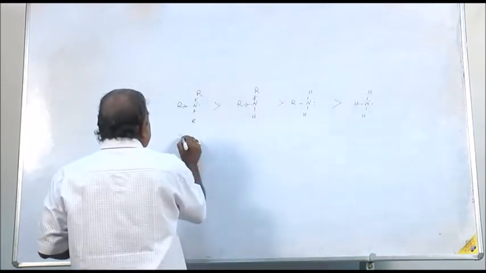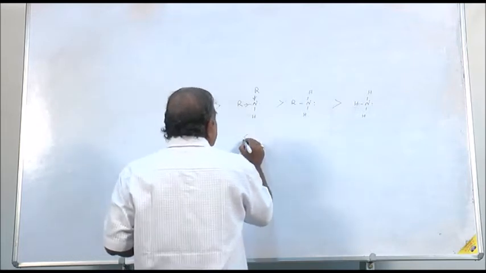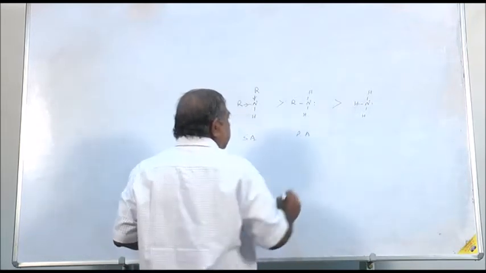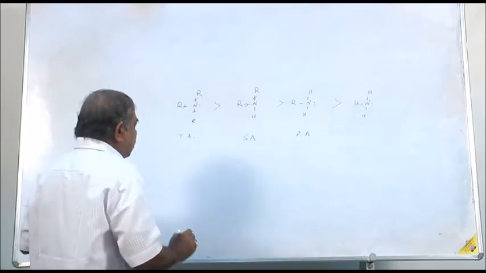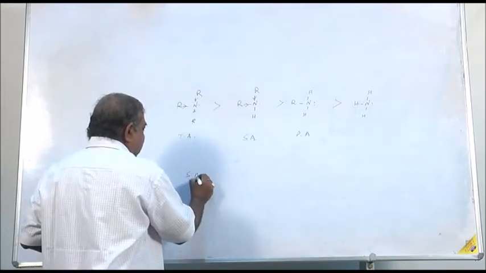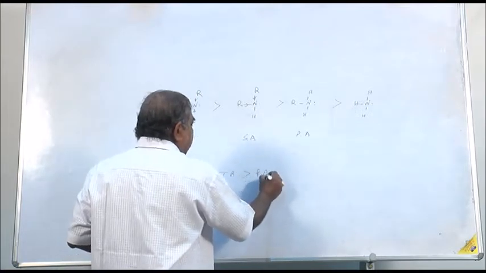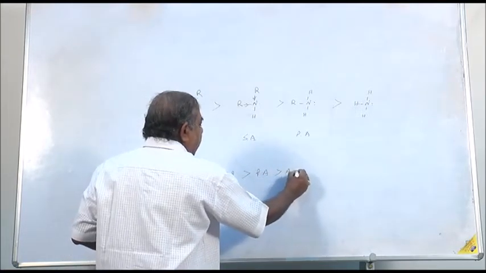But practically it never happens. It is always found that a secondary amine is more basic than tertiary amine, then primary amine, then ammonia.